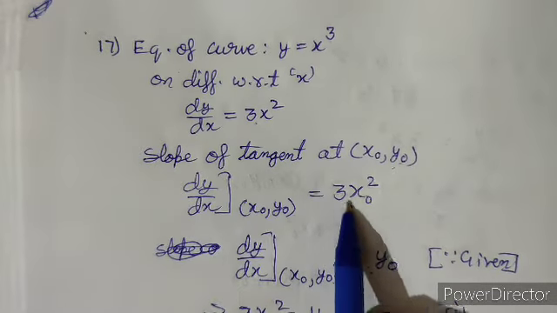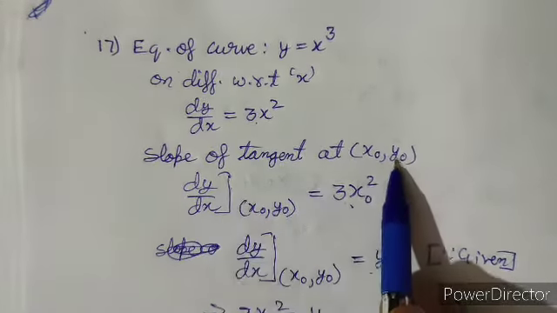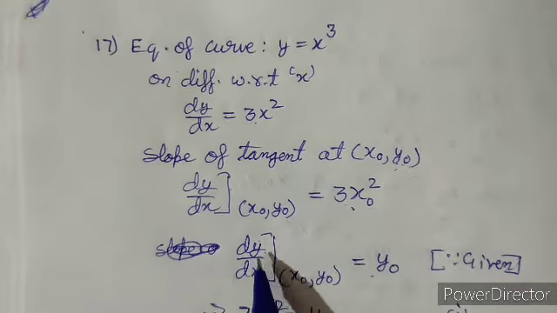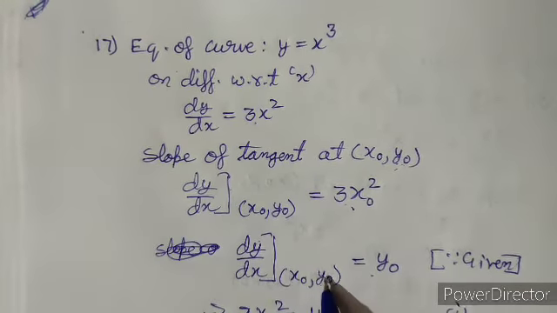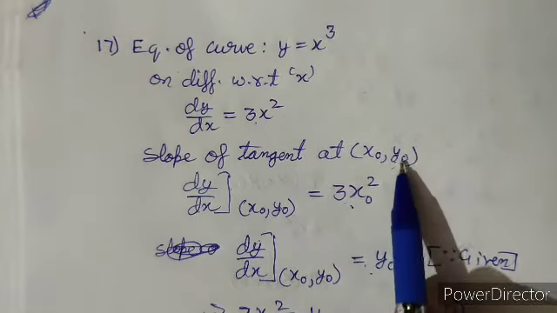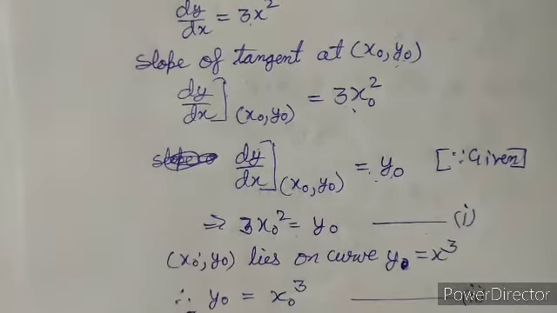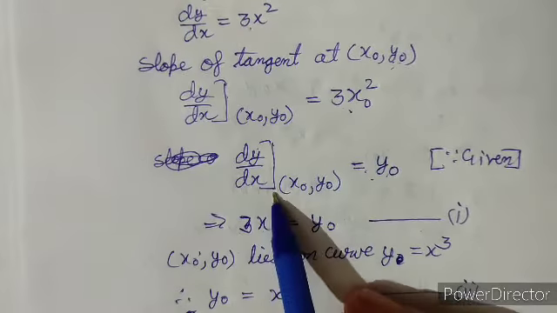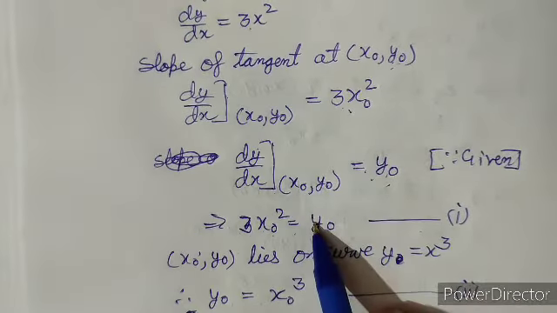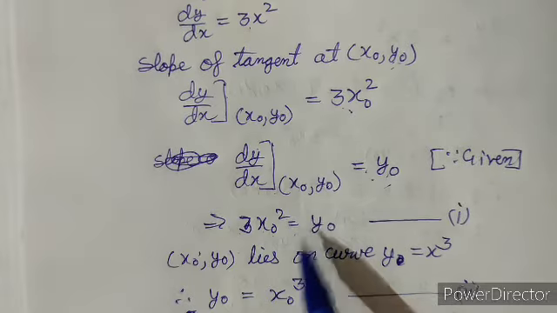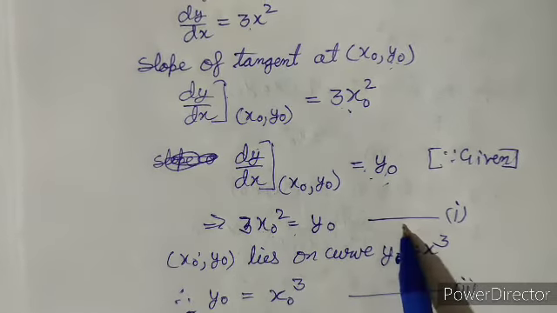Now it is given to us that the slope of the tangent is equal to the y coordinate. That means dy by dx at x0, y0 is equal to the y coordinate, and that is y0. Now that means 3x0 square will be equal to y0. Take this as equation first.